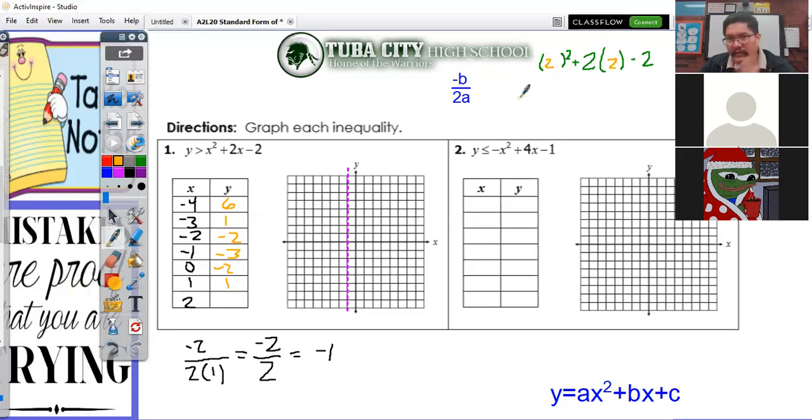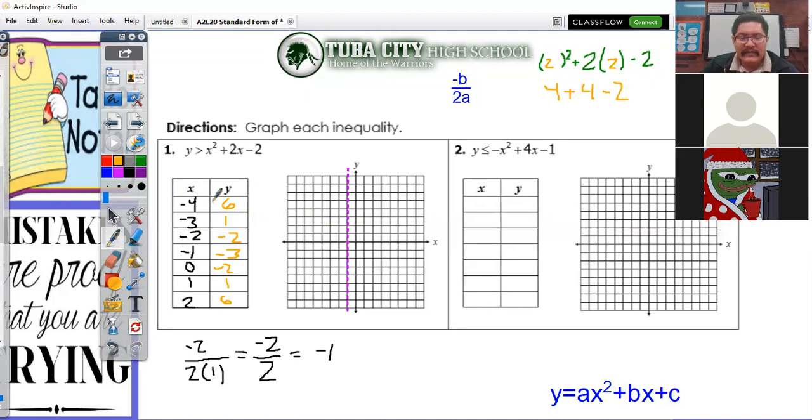All right, 2 squared is 4 plus 4 minus 2, because 2 times 2 is 4. And let's see, we got 8 minus 2, which is 6. All right, now we have enough to graph our graph.